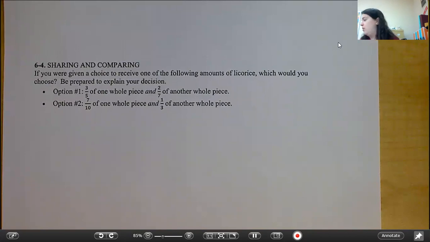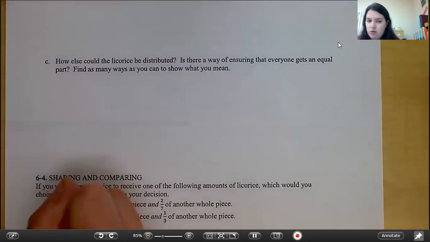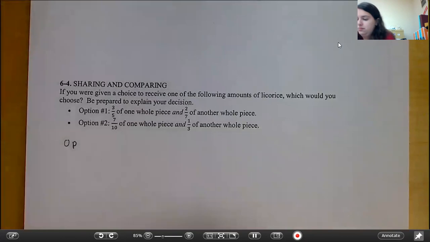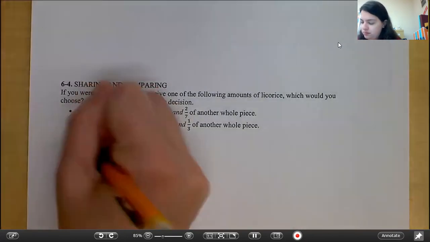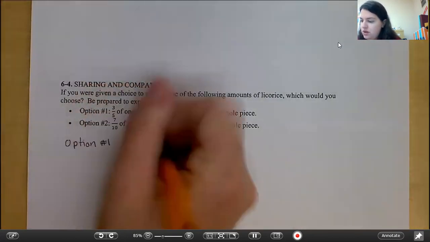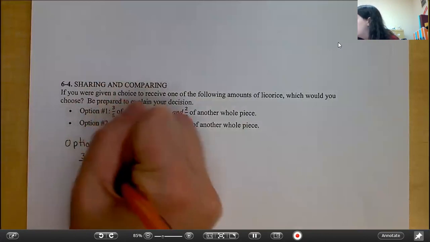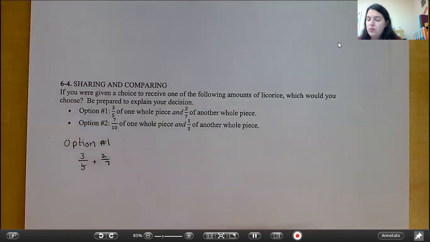Hey, if you're back with me, you have answered question 6-4. So for option 1, we have 3/5 plus 2/7. We definitely need common denominators here because we are adding.